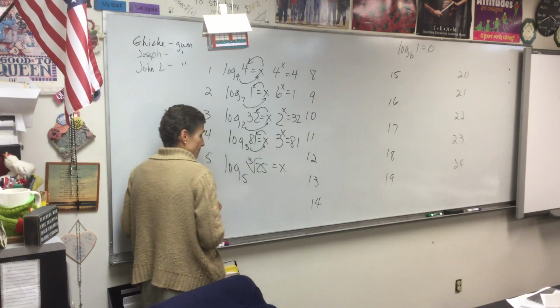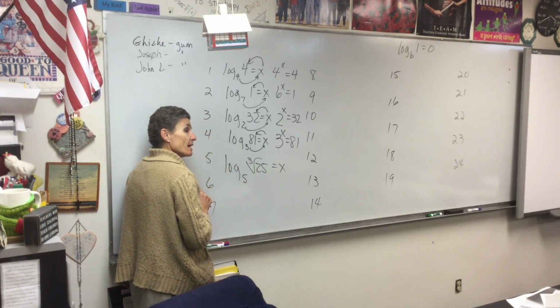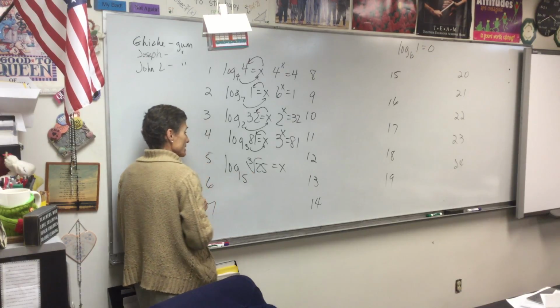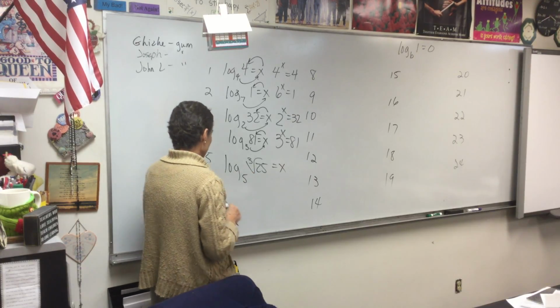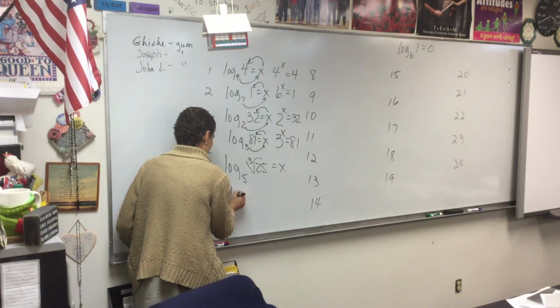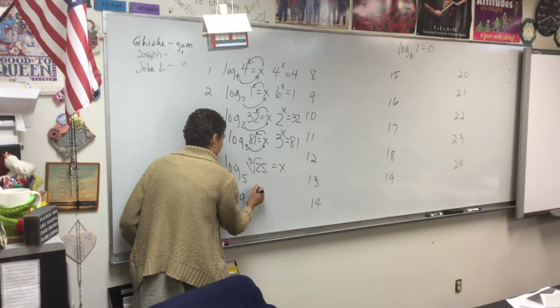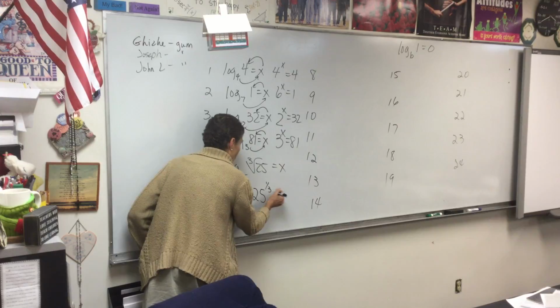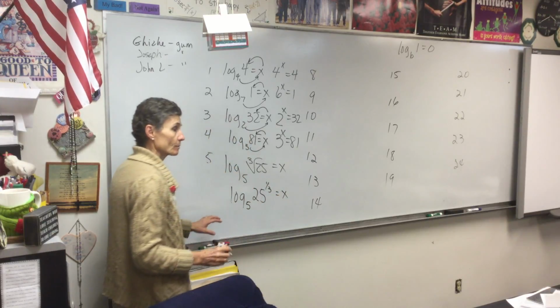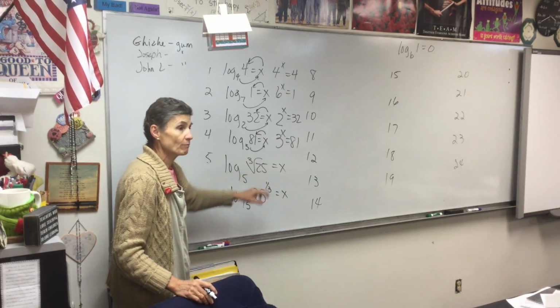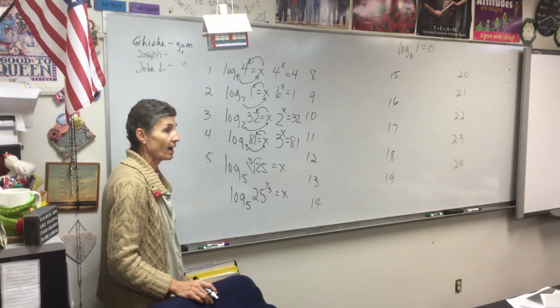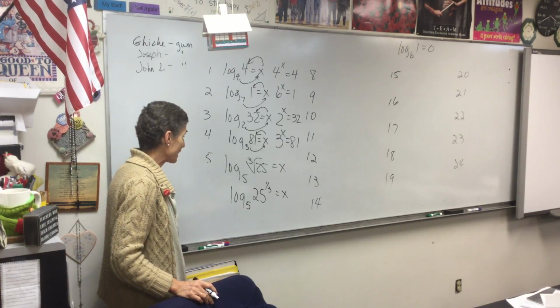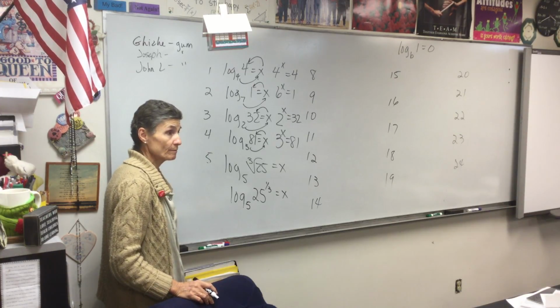Cube root can be written as an exponent. What exponent is the cube root? 1/3. So this is the log base 5 of 25 to the 1/3. Would you agree with that? Another way of writing the cube root of 25 is as 25 to the 1/3.